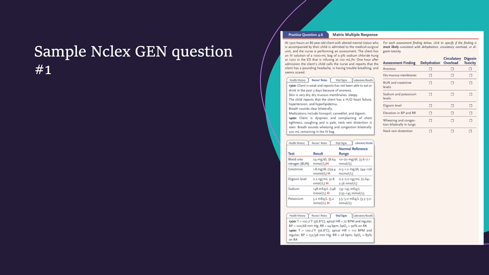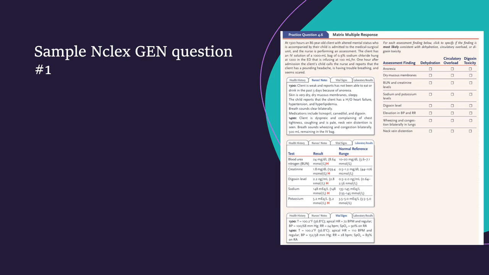Her O2 was 90, now it's 89. Her respirations were 24, now they're 28. And her blood pressure was 100/68, but is now 152/98. Do we have any idea of what is going on with this patient?